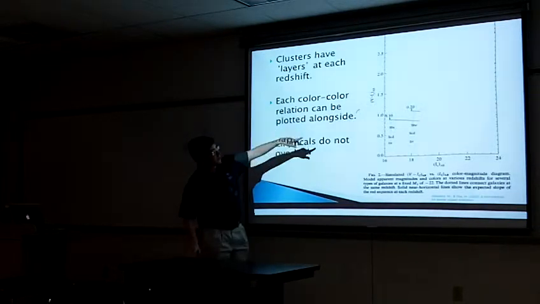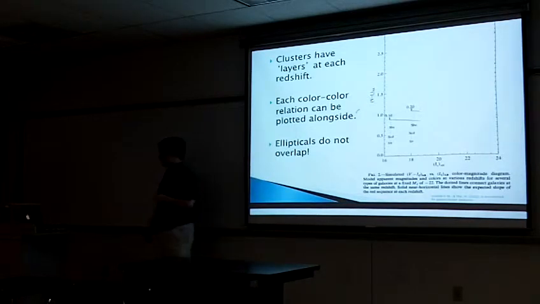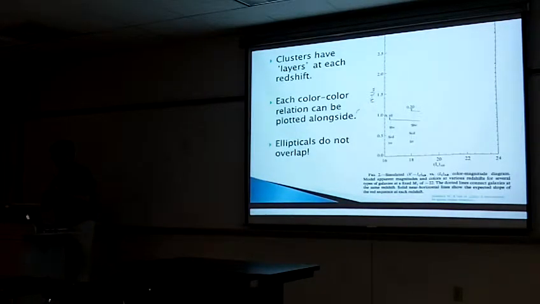And their slopes are pretty much parallel. So that means that if you have the redness of all the ellipticals, you plot them on a color diagram, you match it up with the lines from a graph just like this that's been calibrated for all this, you can use this as an indicator of redshift and as a sign that, okay, you do have a cluster.